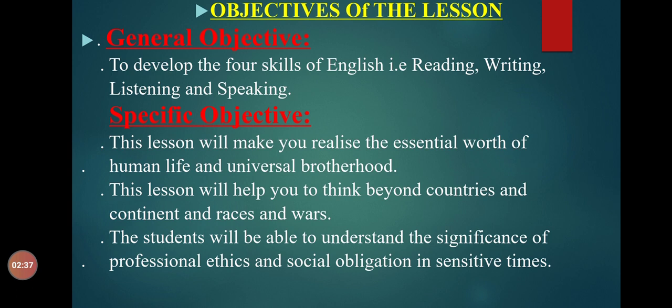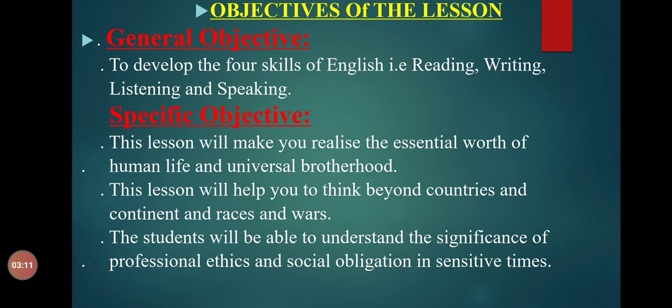Now, dear students, I come to the objectives of the lesson. Why is this chapter very important for you all? First is the general objective. The general objective of this chapter is to develop the 4 skills of English, that is reading, writing, listening and speaking. The second point is the specific objective. Through this lesson, you will realize the essential worth of human life and universal brotherhood.